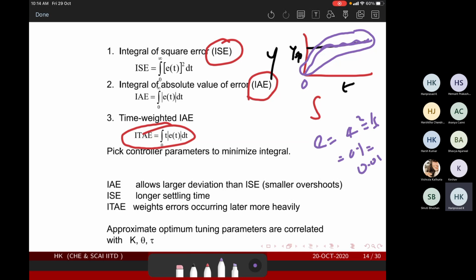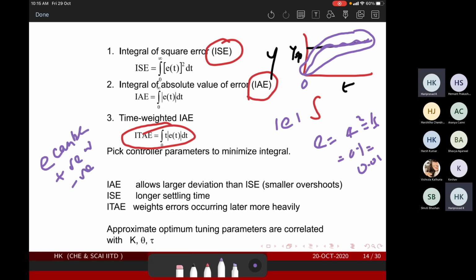And if you don't want a square, you may take the absolute value, but just using the error will not be good enough. Why? Because the error can be positive or negative.